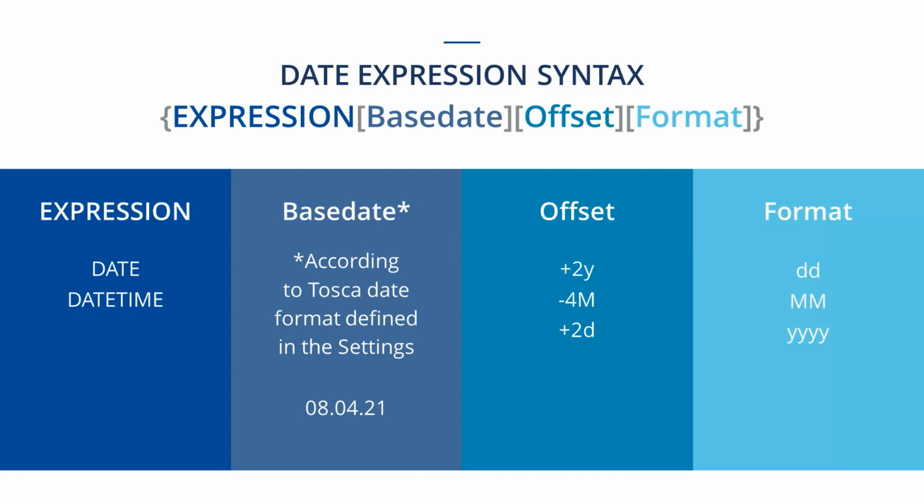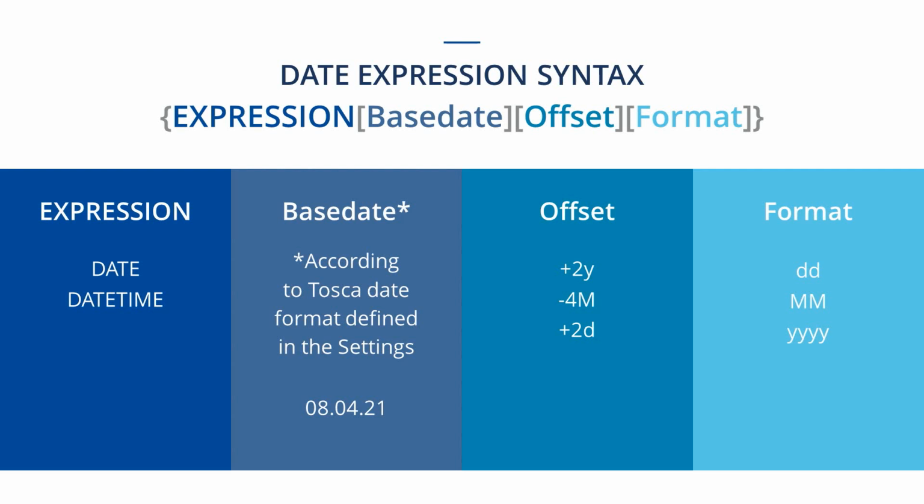Format is the format of the output of the data expression. This would typically be the format needed to input or verify in the system in the test. Possible formats include D, which stands for day, capital M, which stands for months, and Y, which stands for years.